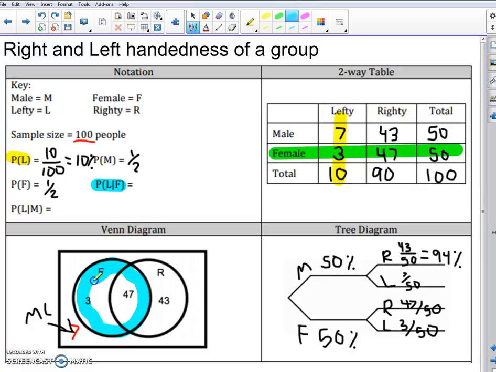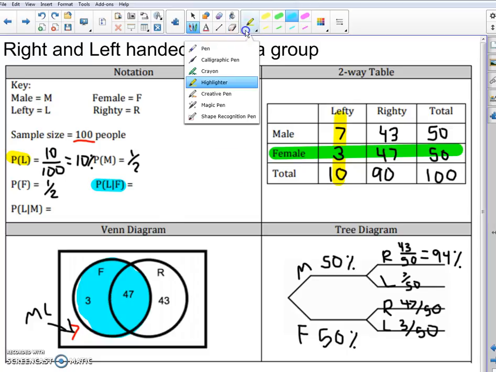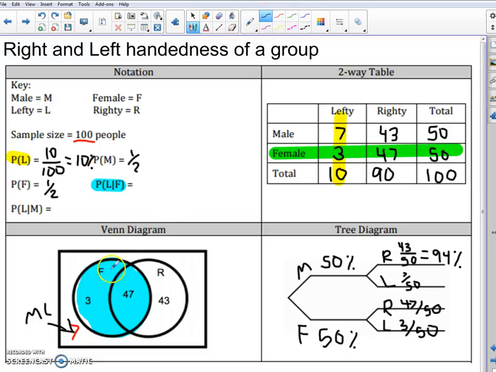And I want to know, out of the females, how many of them are left-handed? There's 50 females. This is my overlap of right-handed. I want left-handed, so that's this number right here. So I know that 3 out of 50 are left-handed. That's a conditional probability. You can see that because the total sample size is different here.